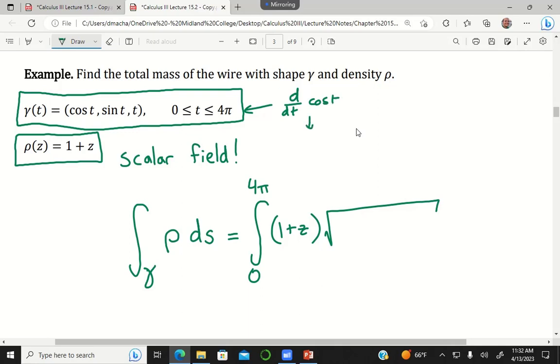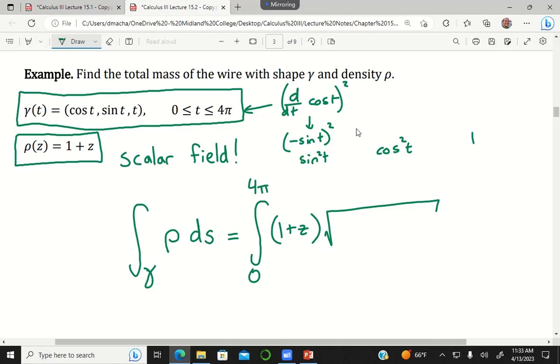That would be negative sine. And if I were to square that, then this would be sine squared. And then I would have to take the derivative of sine, which would just be cosine, and whenever I square it, it would give me cosine squared. And then the derivative of t with respect to t would just be 1, and if I square it, it would just be 1.